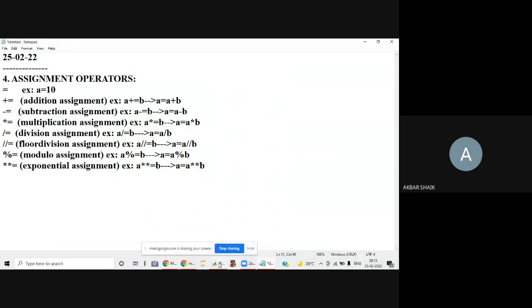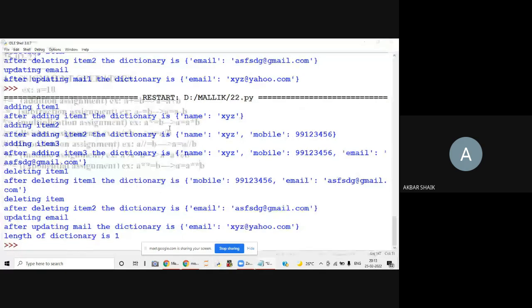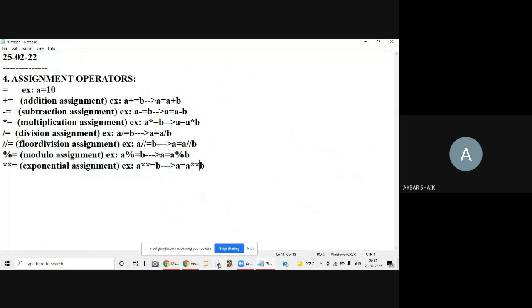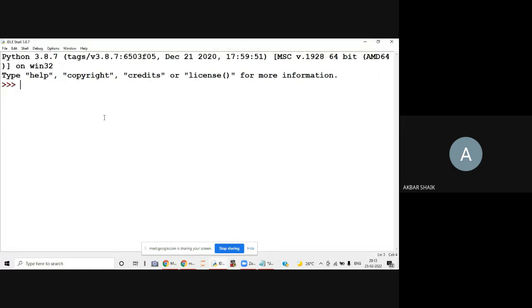First, I'll explain an example in IDLE shell. Then we'll go for the program. Don't write the program directly. Already I told you yesterday, hash is used for writing a comment.